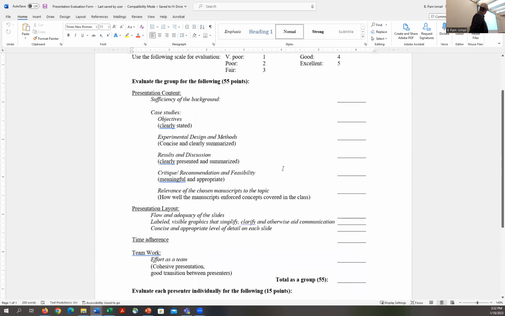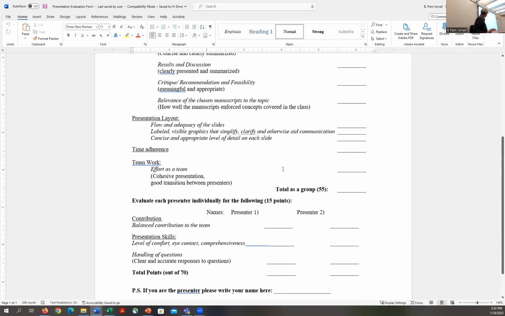And then you are going to be graded individually on certain points, like how do we feel about contribution to the team, to the group, presentation skills, level of comfort, eye contact, comprehensiveness. Are people able to understand you? Are you able to explain things clearly? How did you handle questions? Also individuals, so one person cannot be answering all the questions, the other person will get a 0 if that's the case. Then we add, and it would be a grade out of 7.